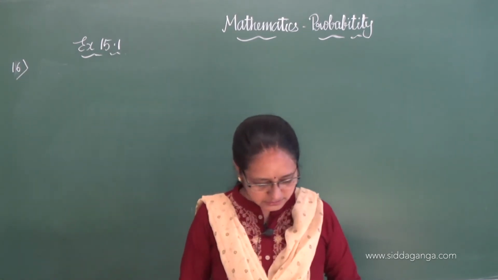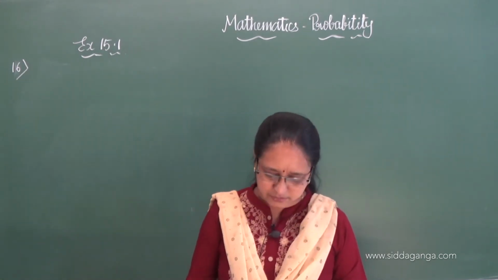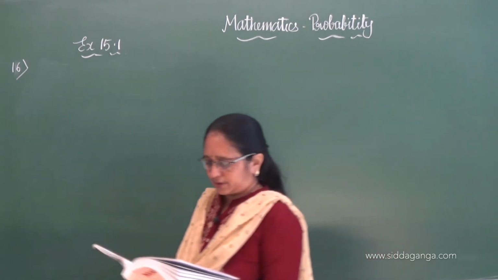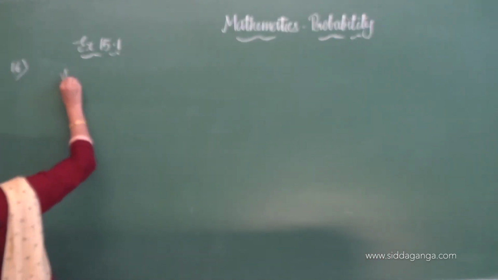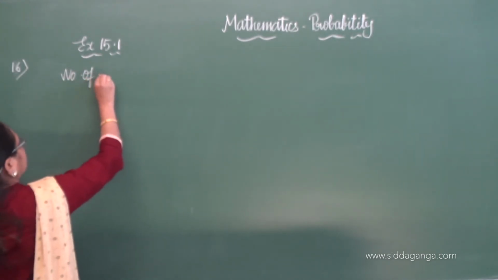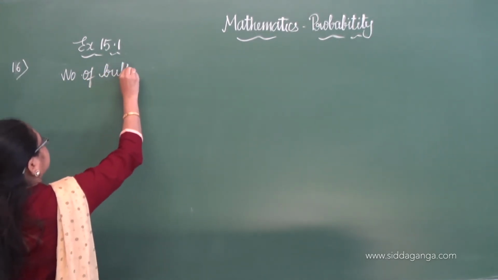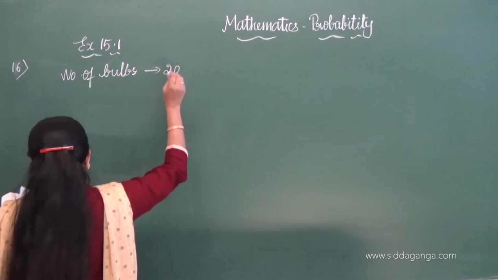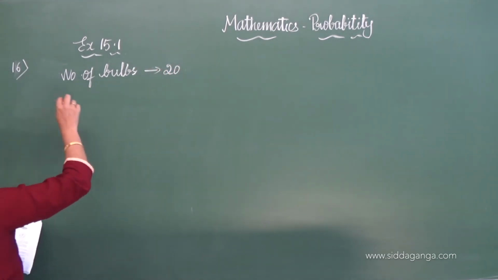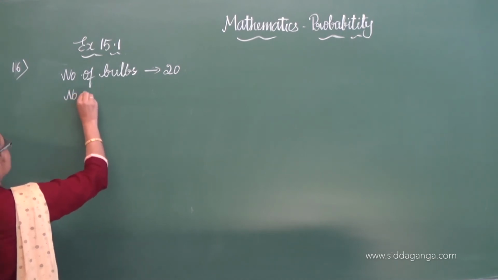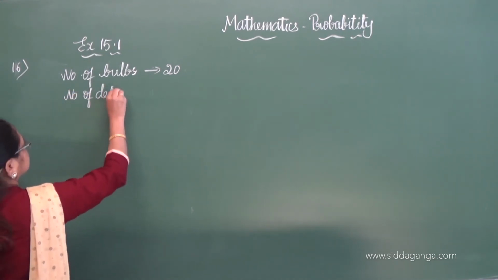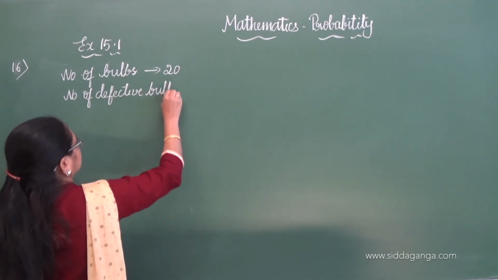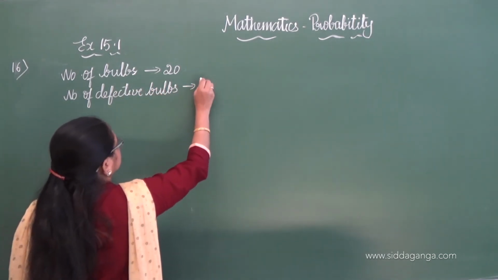Okay, let us write. Out of 20, number of bulbs, how many? 20. Number of defective bulbs, how many?